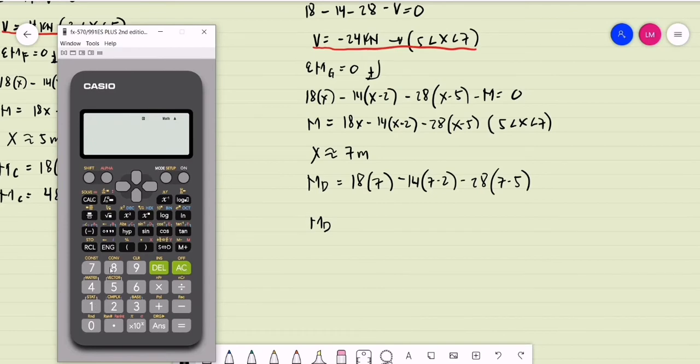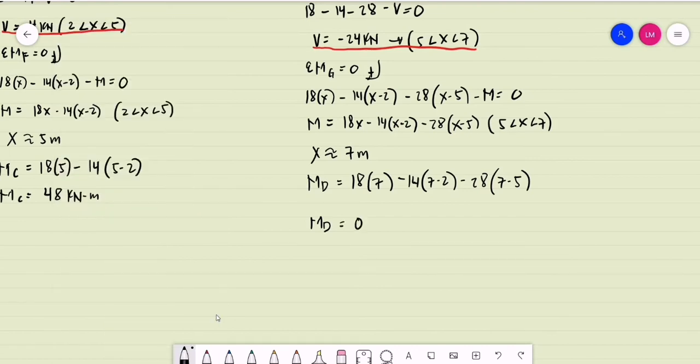We have 18 multiplied by 7, less 14 multiplied by the quantity 7 minus 2, then minus 28 multiplied by 7 minus 5, and that is equal to 0. The moment at D is equal to 0.